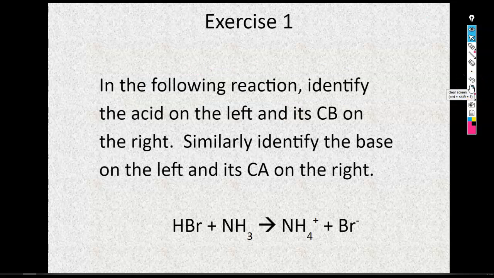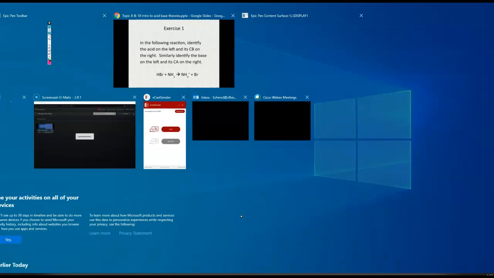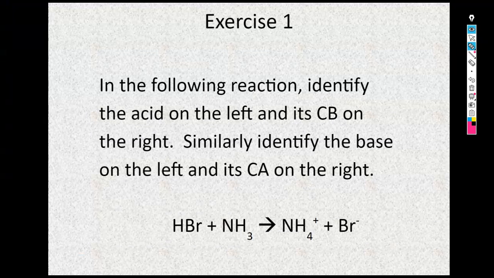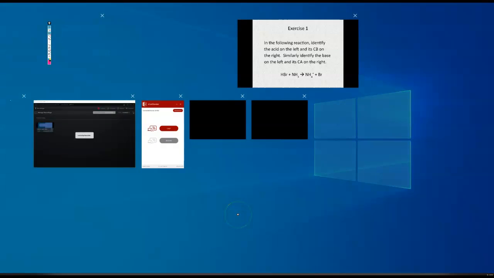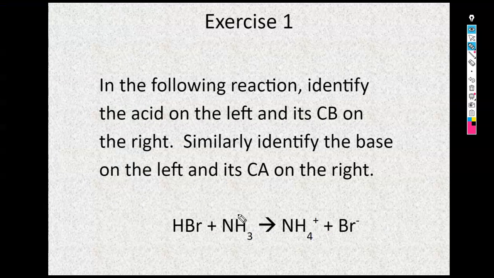Okay, in the following reaction, identify the acid on the left and its conjugate base on the right. Similarly, identify the base on the left and its conjugate acid on the right. So here we go. I'm looking for what has changed. I see that the NH3 is becoming the NH4, and it has gained a hydrogen, so that must be the base, and this must be its conjugate acid.